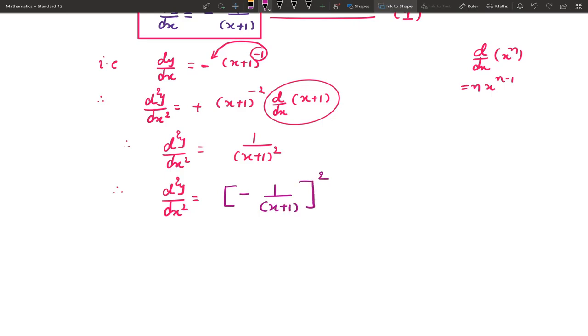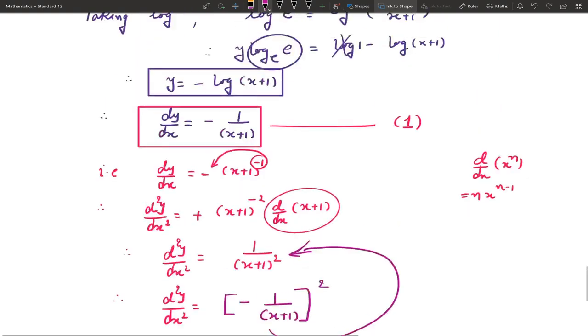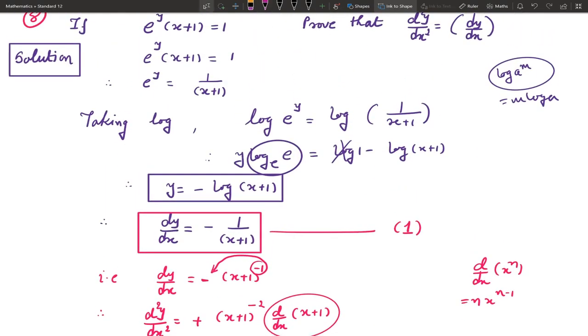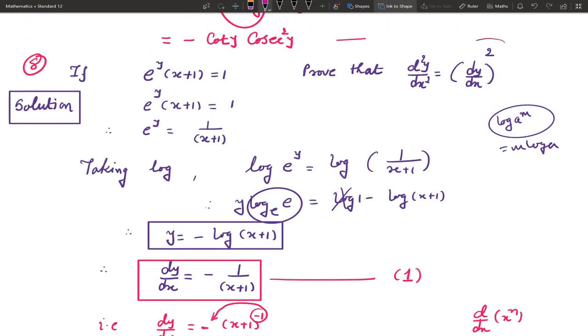Because the instruction is given, we have to prove that d2y by dx2 is dy by dx whole square.